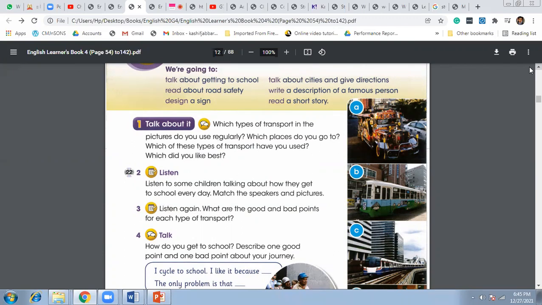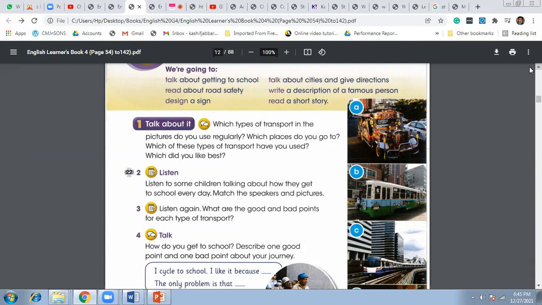Teacher, I have a question. Yeah. The tram is C. Tram is what? Letter C. C? No. C is a bullet train.